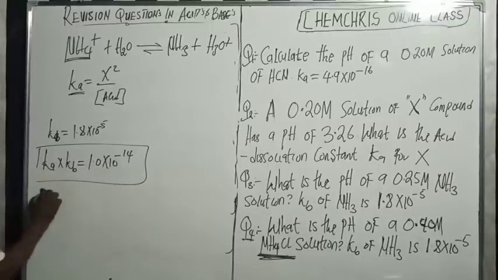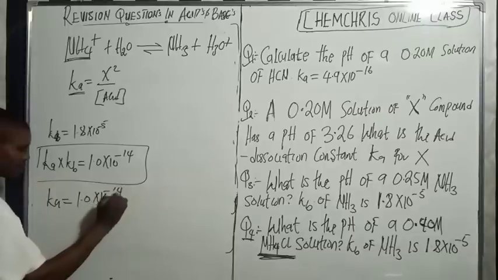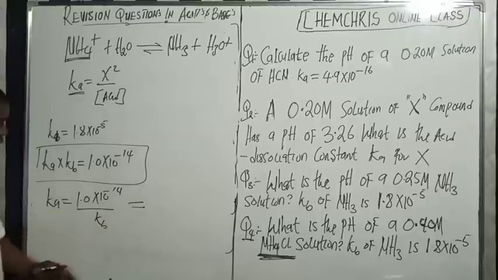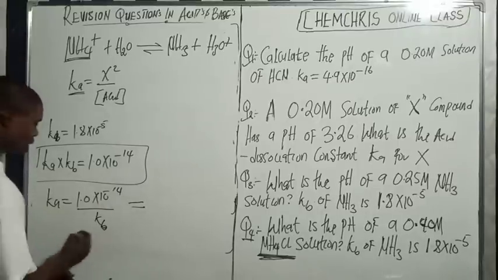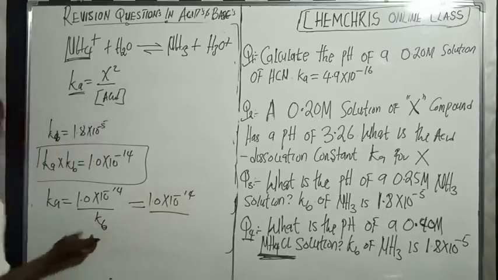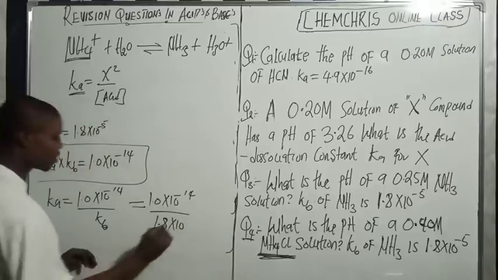So Ka equals 1.0 exponential minus 14 over Kb. Substituting my values, that is 1.0 exponential minus 14 over 1.8 exponential minus 5.